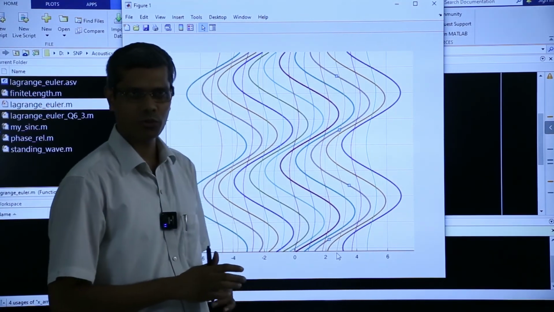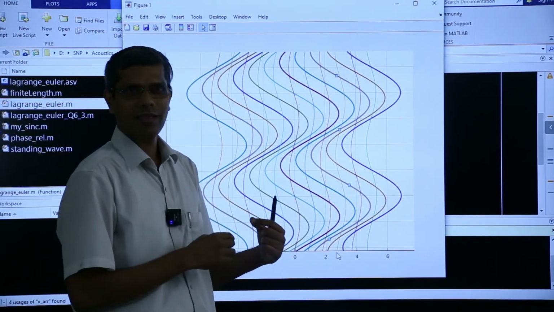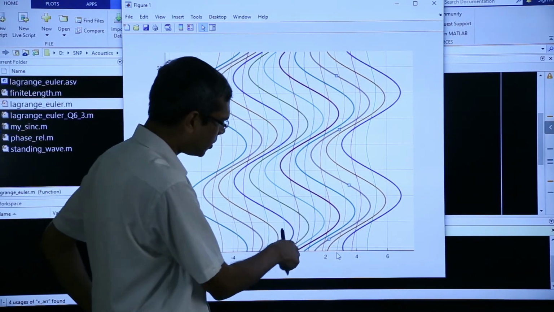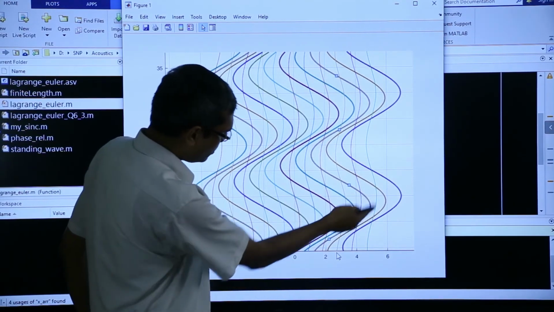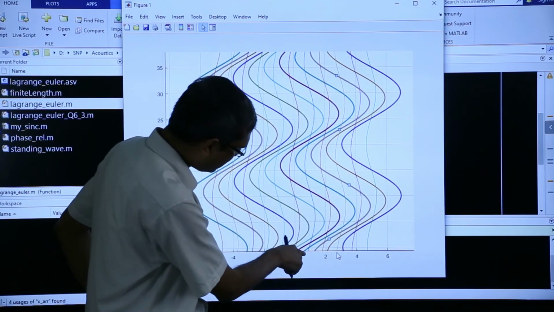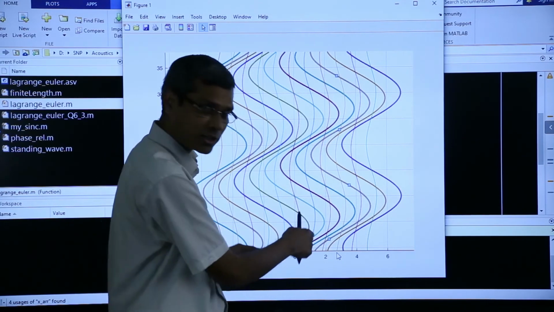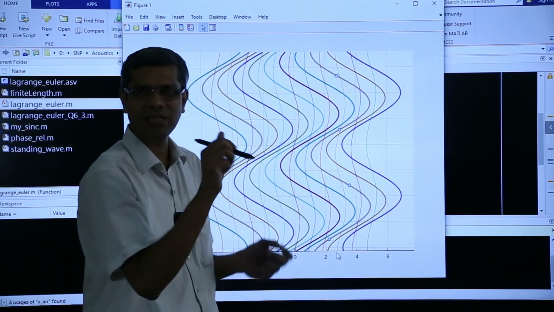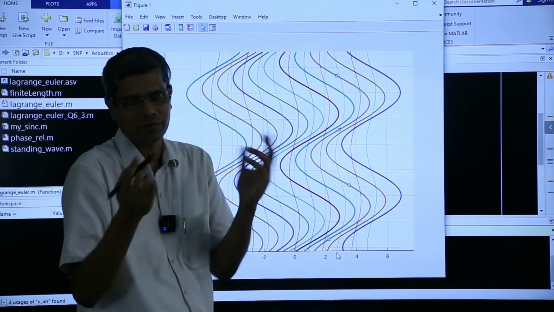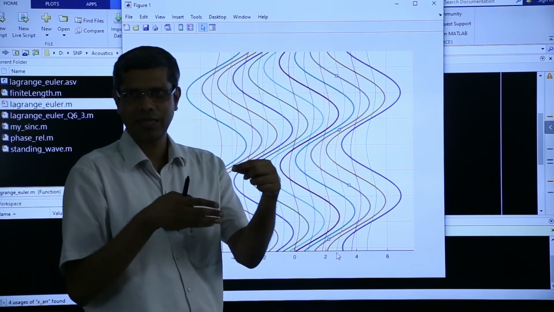Then what you need to do is you have to move from time to time. At every time, say at 0.1 second, you have to look for which particle curve, you have to draw a lot of curves, and you have to see at t equal to 0.1 which particle is crossing, and just plot that x minus x naught against that time.